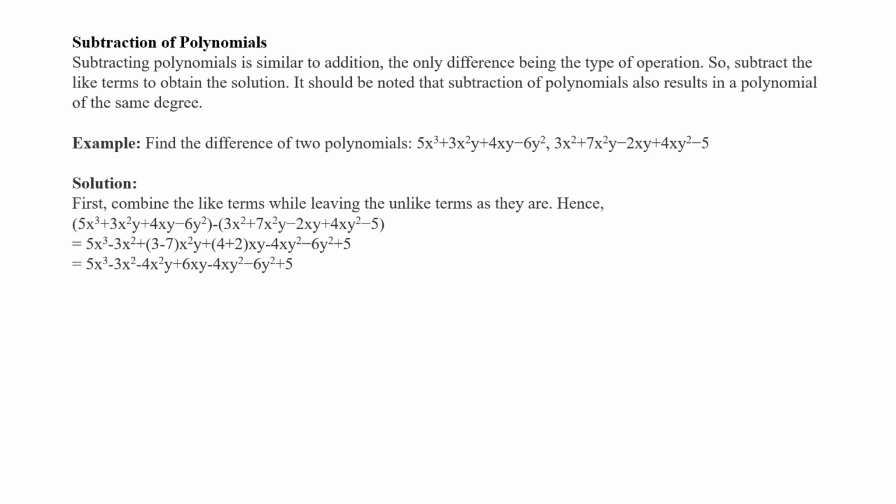There is nothing, so in the second one you just put 5x cube. Okay, x square y, is there any other term? 7x square y is given, and there is an addition. But when you open the bracket you have to multiply it. So minus plus means minus. So there is 3x square y minus 7x square y. So 3 minus 7, and x square y is common.